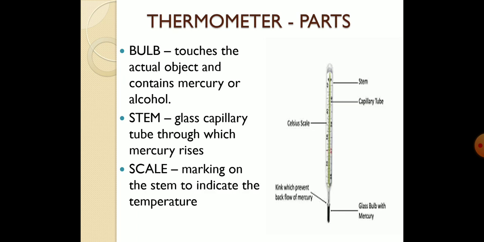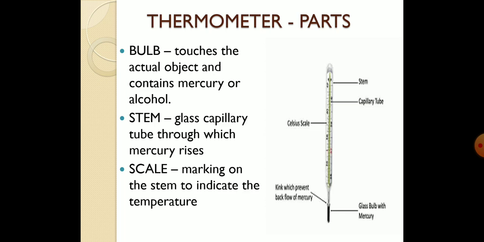Similarly, the capillary is a tube with the thickness of about 3 or 4 hairs combined. In that tube this mercury will rise, and that tube is inside one covering that is called the stem. And then there is the scale.